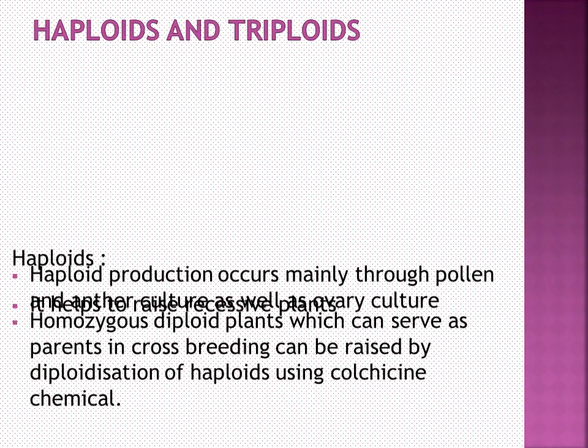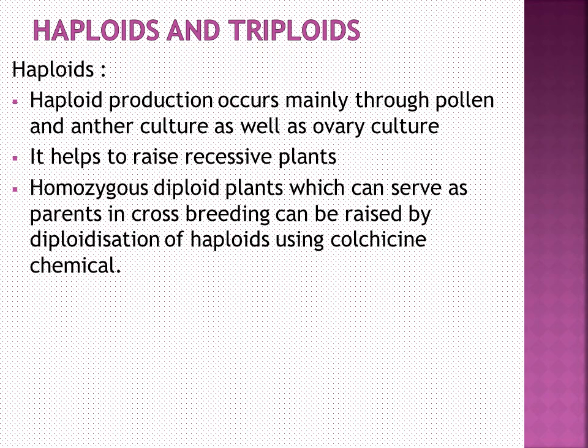Haploids and triploids. Haploids. Haploid production occurs mainly through the pollen and anther culture as well as ovary culture. It helps to raise the recessive plants and, interestingly, using colchicine chemical, homozygous diploid plants can be produced from the diploidization of haploids.